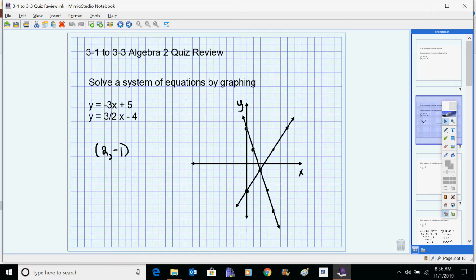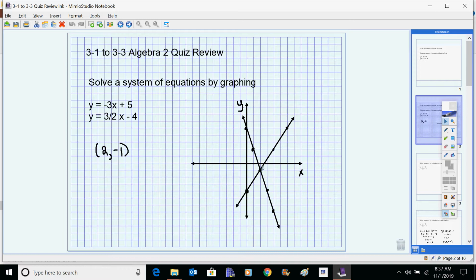And then starting at 5, down 3 over 1, down 3 over 1. Draw the other graph, and since it says solve by graphing, your choices are limited. Your choices are only to do the graph and then say where the ordered pair is, where it connects. So (2, -1) is the solution. It's the point that works in both.